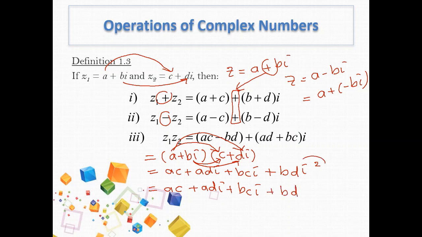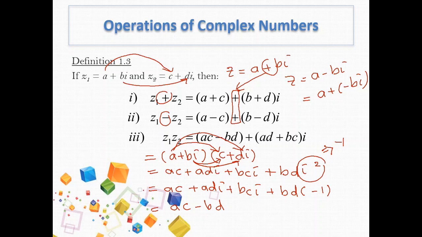What is I squared? I squared is equivalent to minus 1. So this is equivalent to AC minus BD, because BD multiplied with minus 1 gives you minus BD.